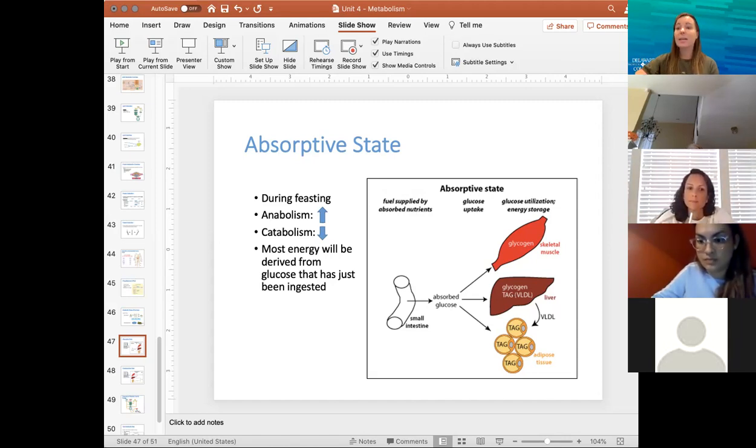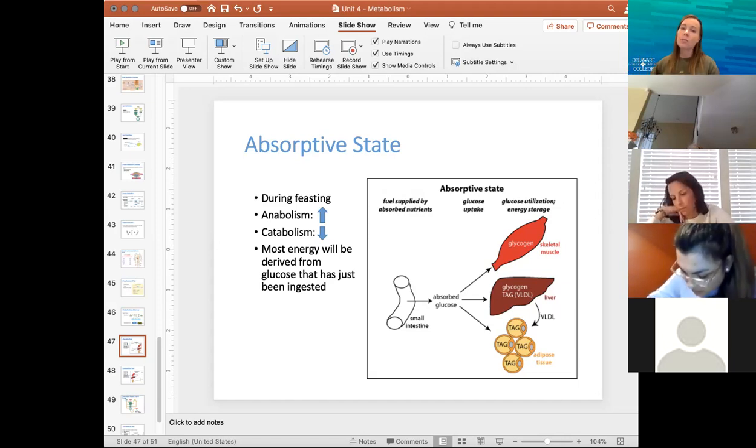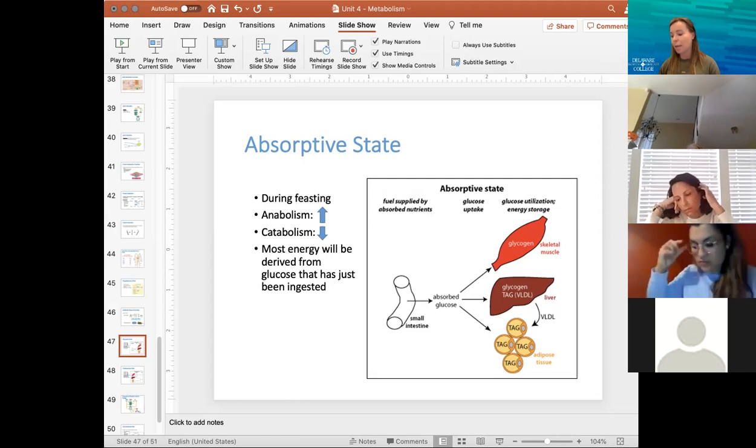Yes. So this is the time where you have all these extra nutrients and you're storing all of the extra nutrients. So glycogenesis was happening, you're storing excess glucose. Lipogenesis is happening because you're storing your excess fats. So yeah.